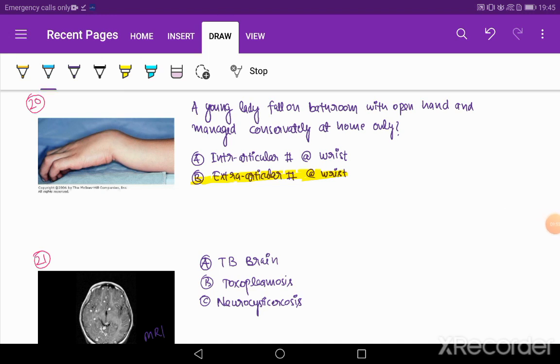Basically this is a dinner fork deformity, also known as bayonet deformity. It usually occurs as the result of a malunited distal radial fracture. This is a result of malunion.